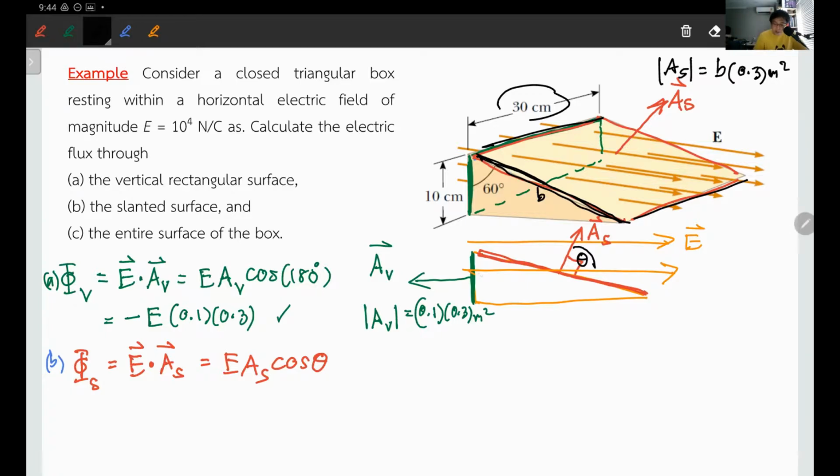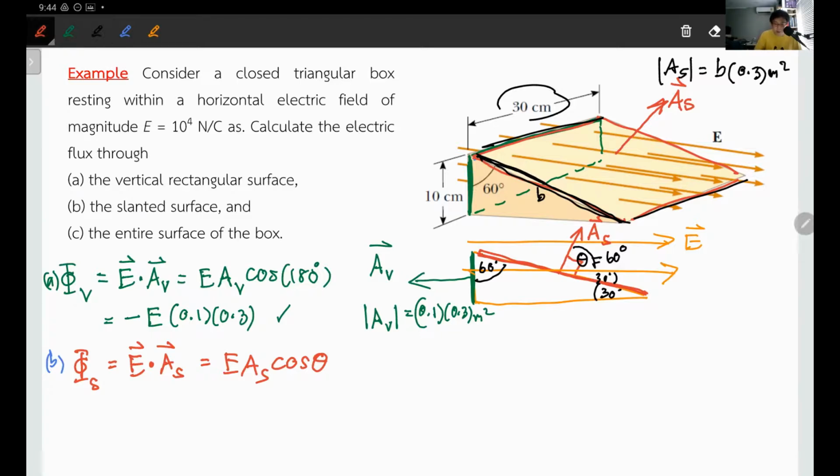However, if you look carefully, because this one is 60, okay, this bottom angle will be 30. If this is 30, this is going to be 30. And that means your theta is also 60 degrees. Correct? So actually you know the angle between the E and the A already.